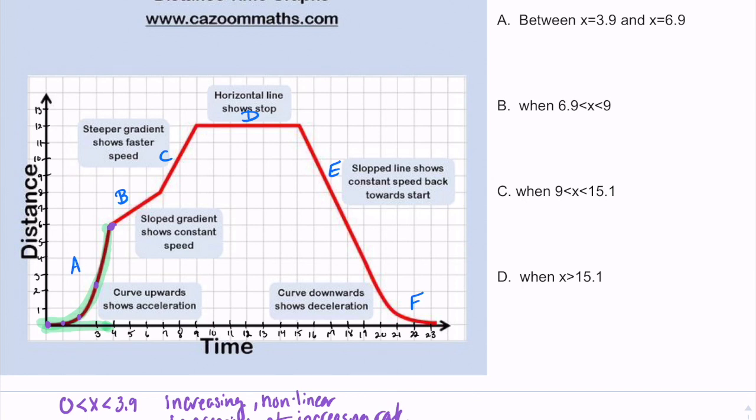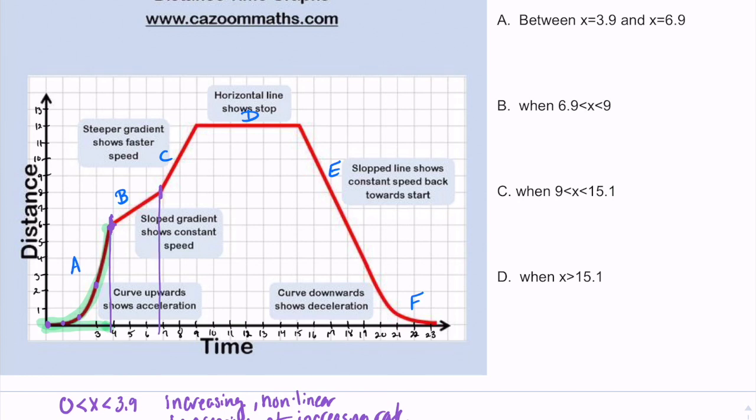So if we look at A says between x is 3.9, so here's where x is 3.9. Remember, if we could draw a line down if that helped us. And x is 6.9, so x is going to be just below 7. So there we're looking at something right there.